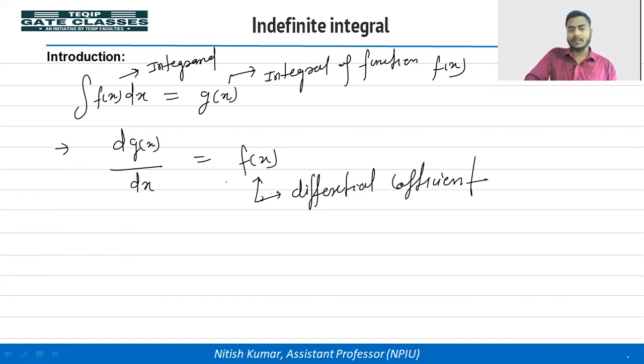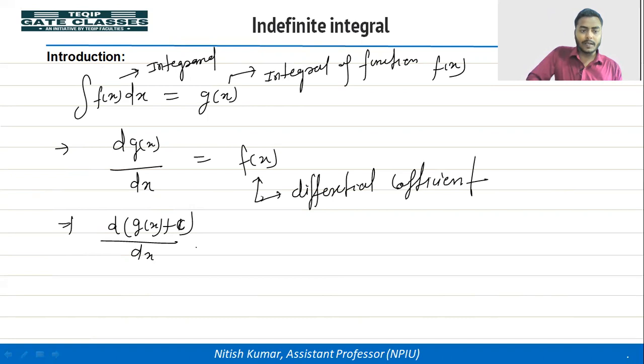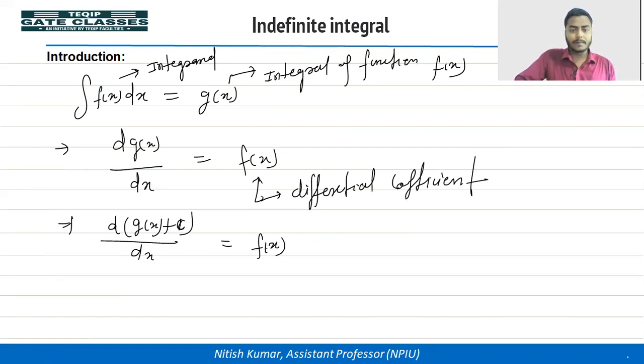Now, if we differentiate g(x) with respect to x, we get f(x). Now the differentiation of g(x) plus c with respect to x, where c is an arbitrary constant, also gives f(x).